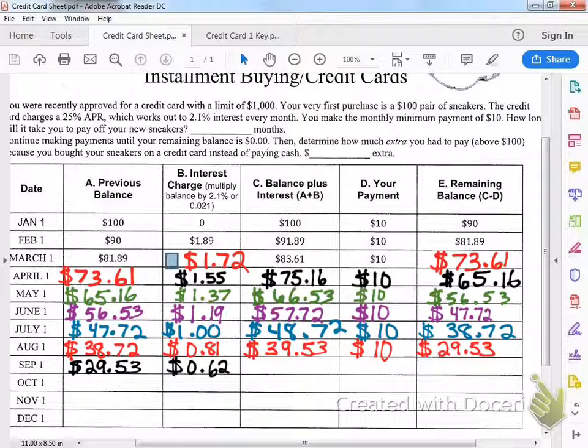All right, so we have $29.53 plus 62 cents. Now what's the balance? Anyone?